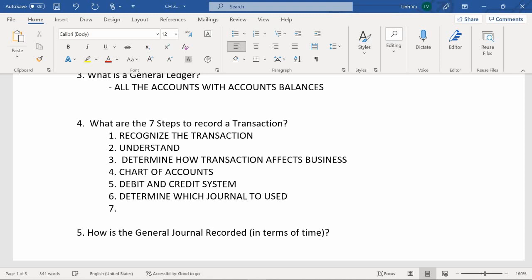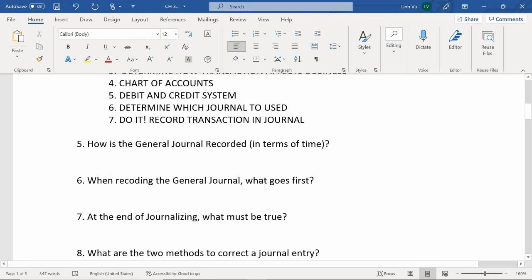And then last but not least, what's step 7? Just do it. Record the transaction. Record the transaction in the journal. Good.